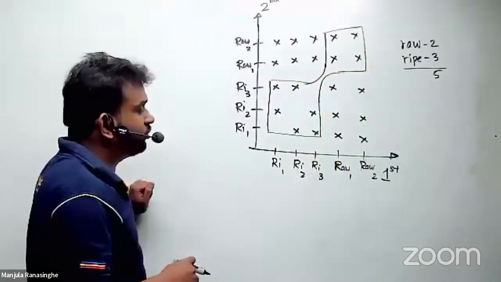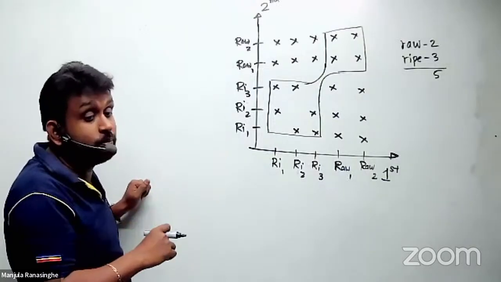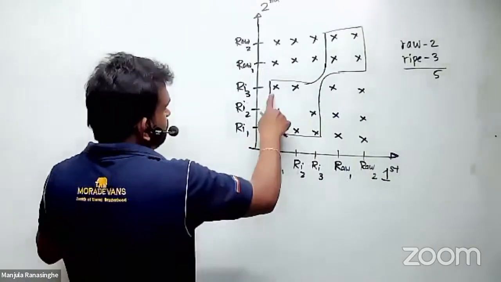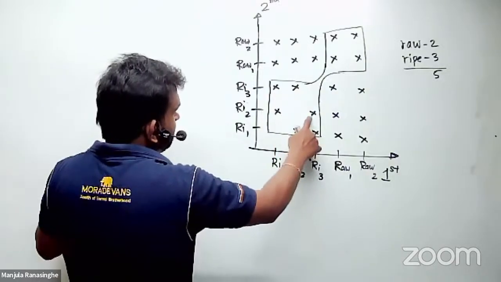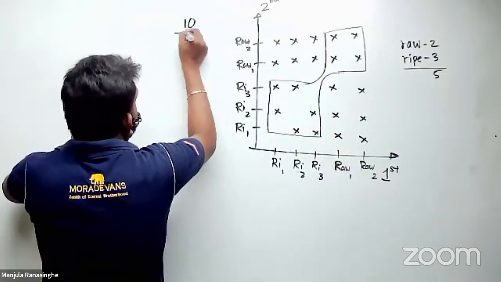Now check how many events are there. Or means having both the sum of these two events. So here 2, 4, 6, 8, 10 events they are out of total.